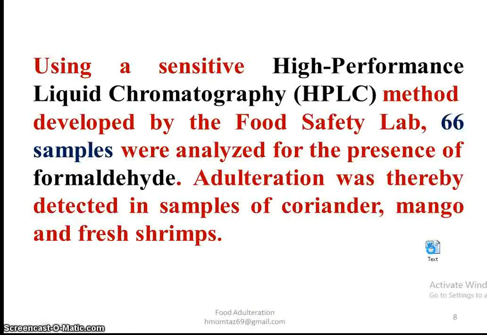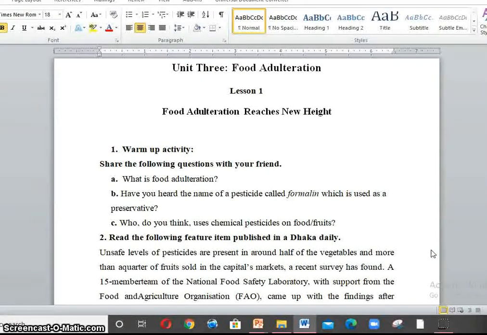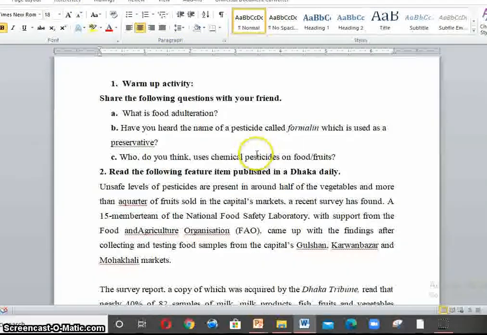We see when harmful substances are mixed with our foods and we are required to eat them, we fall into the trap of the vicious circle of food adulteration. And here we can see the warm-up activity. We have done it. We have known food adulteration.